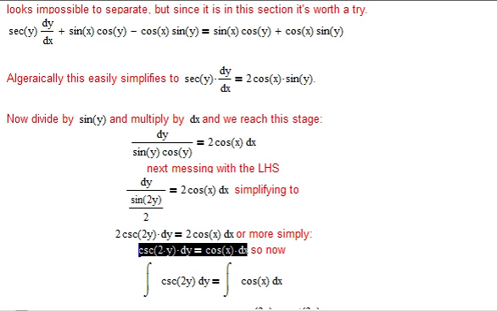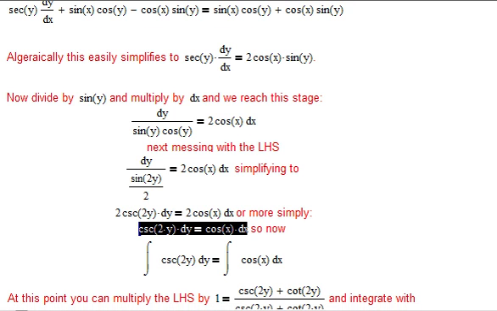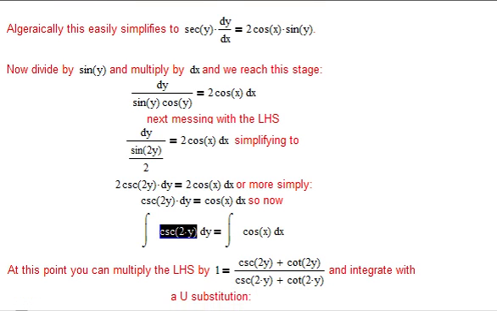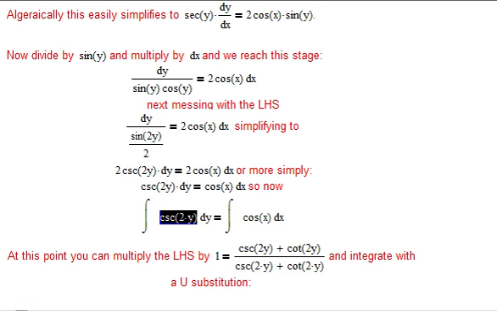I can't wait. All right, well, that started kind of nice, but I have to confess something. It's not easy to integrate cosecant of 2y. I am so glad. Well, I guess we'll have to see about that.